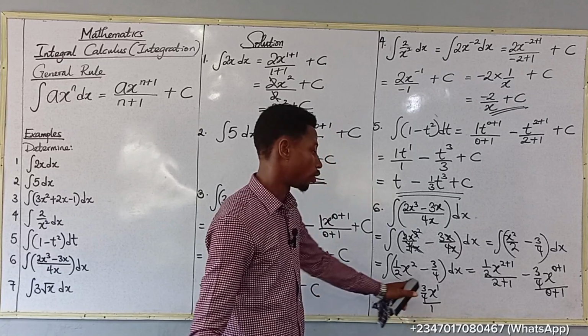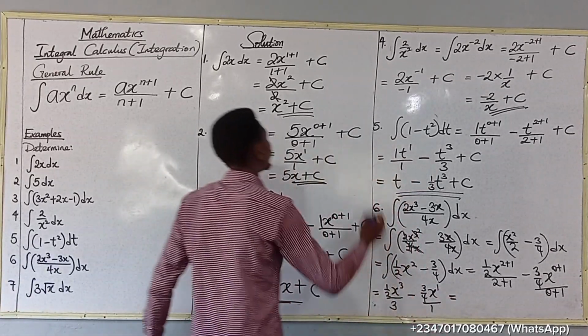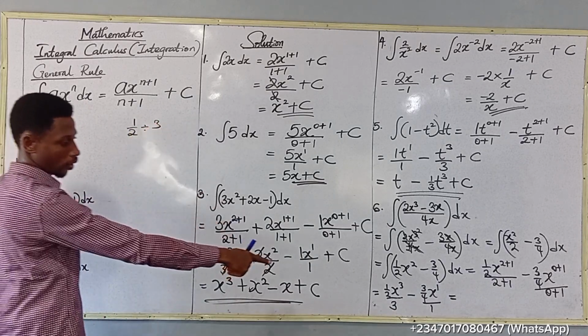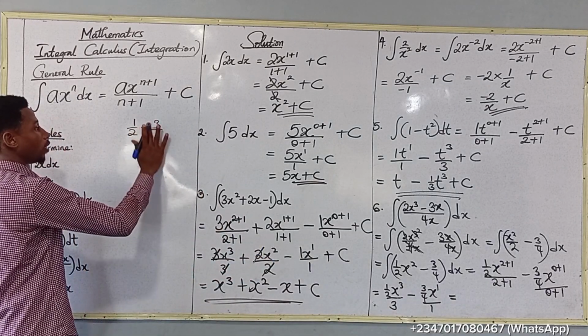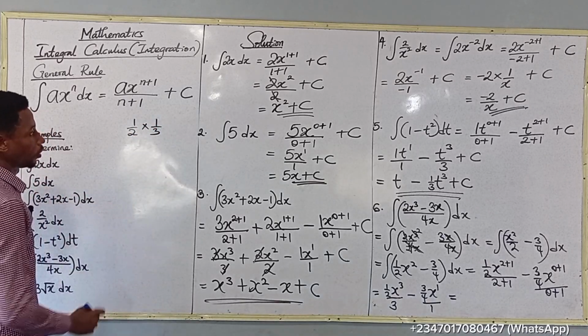The whole of this is 3 over 4 x because of the 1 there. For this one, we have 1 over 2 divided by 3. That's what we have there. If I put over 1 here and change this to multiplication, this will reciprocate and we'll have 1 over 3.